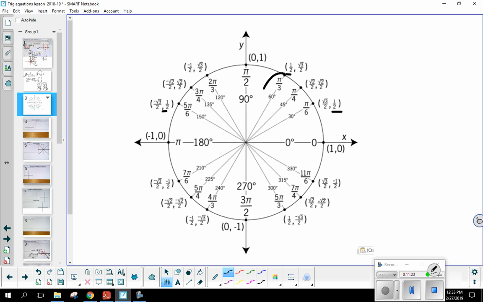There's the 1/2. There's the 60, pi over 3, that we just got. And the other one, there's the other positive 1/2 at 300, 5 pi over 3. It's just like any other equation. You're trying to find every answer that makes it true when you plug it in. So if you feel pretty comfortable using the unit circle, please feel free to do so. I'm going to really try to emphasize the triangles, though.